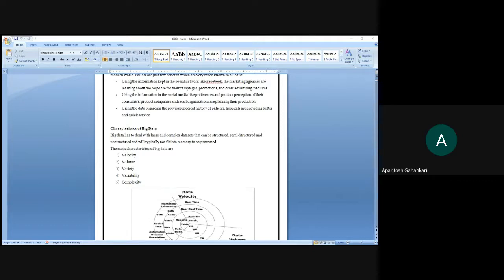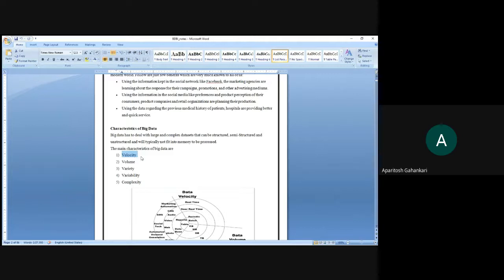They are capturing videos, working 24 by 7, and all these things are generating data with high speed, that is velocity. That means the speed at which the data is getting generated.